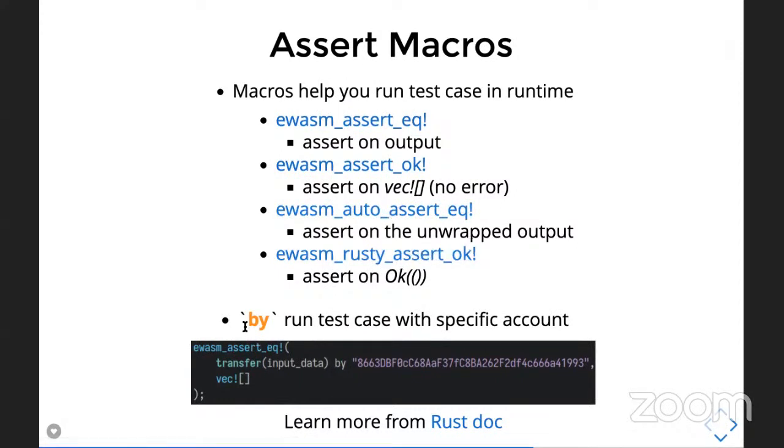Yeah, and we also have a by function. You just say equal and by and give a hex string. This is an address, so we can mimic some different user interacting with this contract.